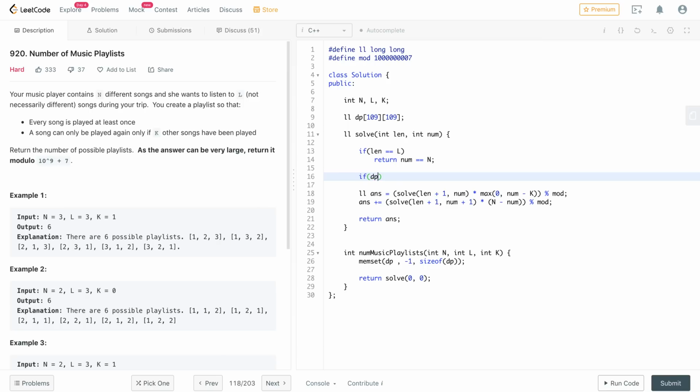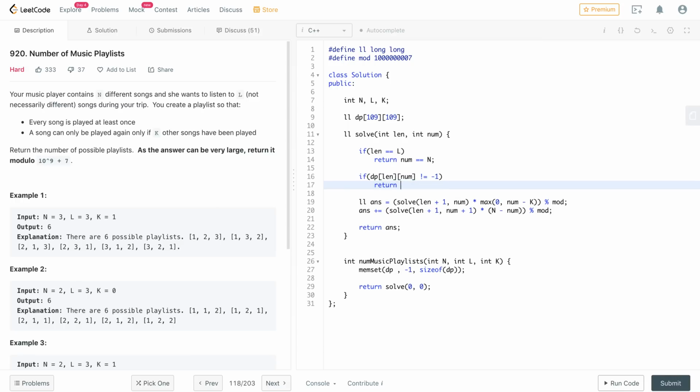Also we want to check if this state has already occurred or not. If it is already seen, it won't be -1, and in that case we would return the already calculated value. Let me just copy it here and paste it. Alright, that's how it should look.